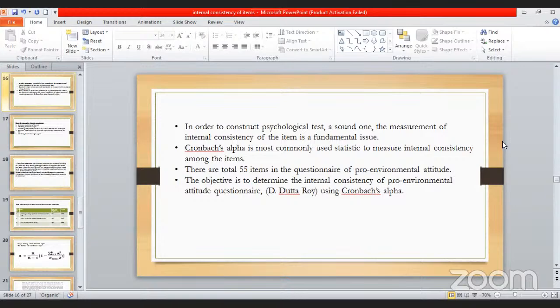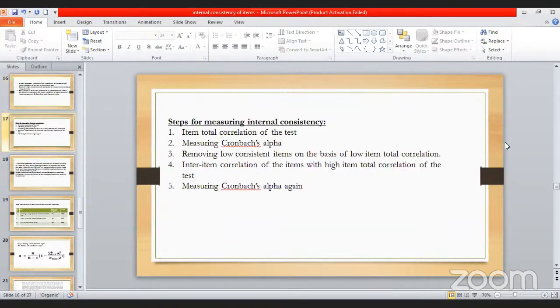So we will know about the steps. What are the steps? First step is the item total correlation of the test. What is item total correlation? This is a measure of reliability. It is the correlation between an individual item and the total score without that item.